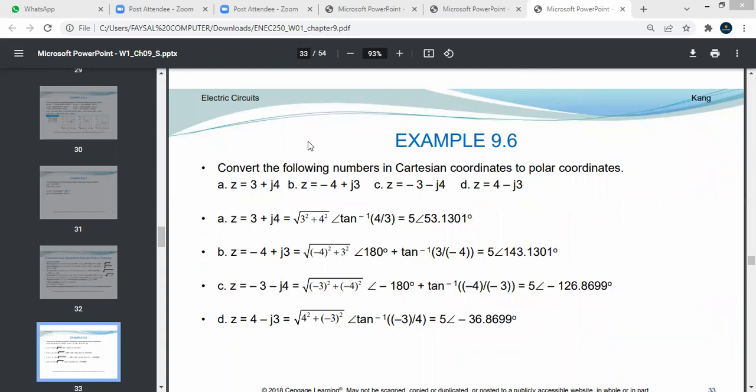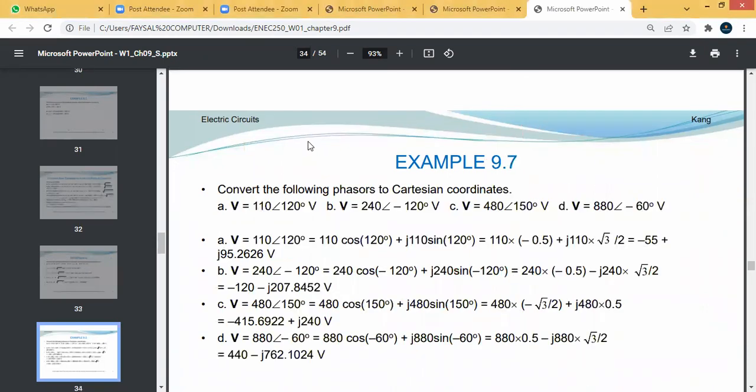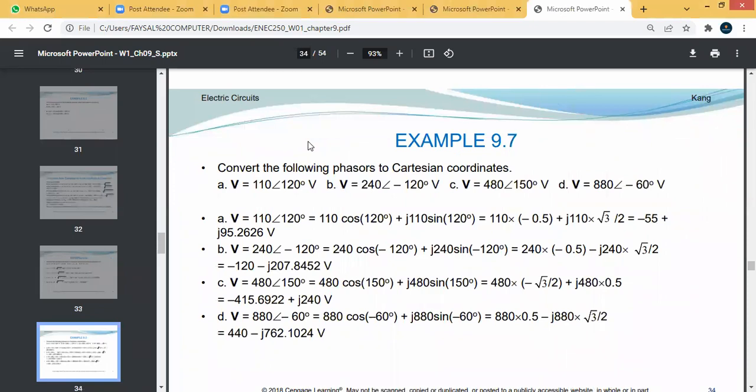Now moving towards the next example. For 9.7, convert the following phasors to Cartesian coordinates. The first is V equals 110 having angle 120 degree.